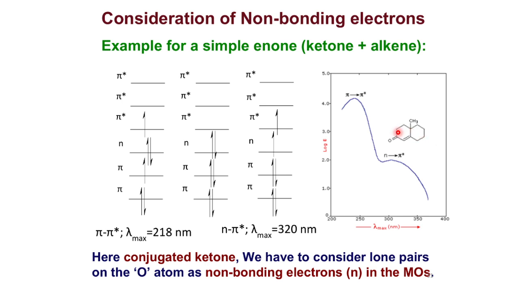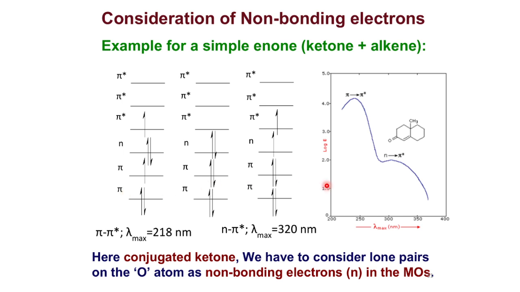This molecule has all the molecular orbitals, sigma and pi, and because of the presence of oxygen, it also has a non-bonding orbital, because oxygen has a lone pair. As we discussed, the most probable ones are n to pi star or pi to pi star.